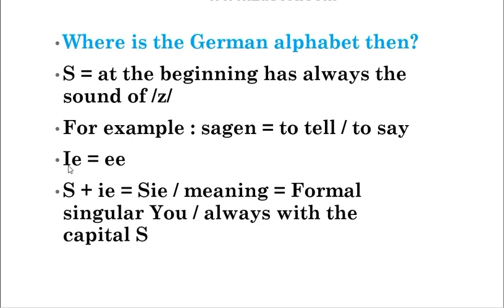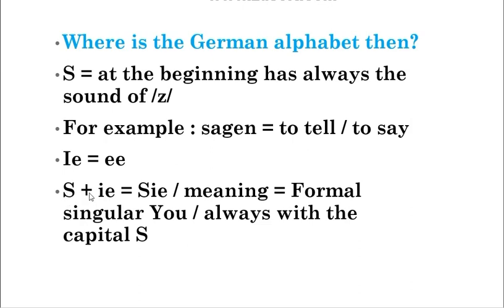Sagen. Now, the pronunciation of IE, this combination is always going to be E, like the E sound in B. Now, if we mix these two together, we're going to get Sie.